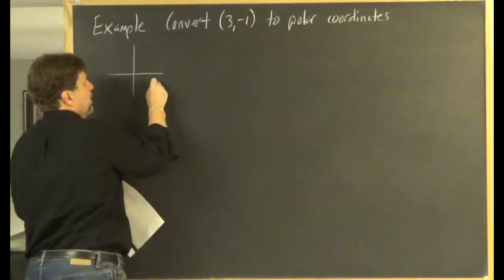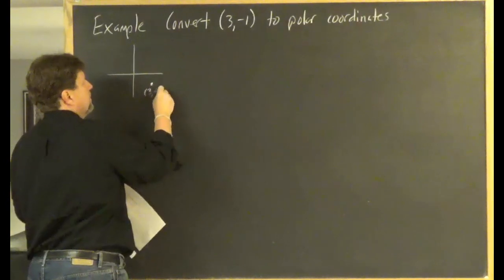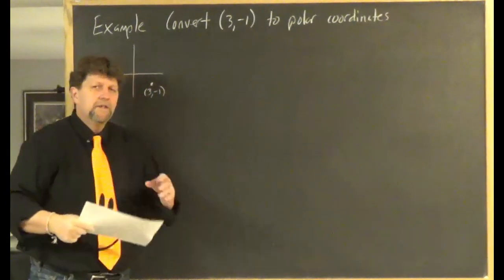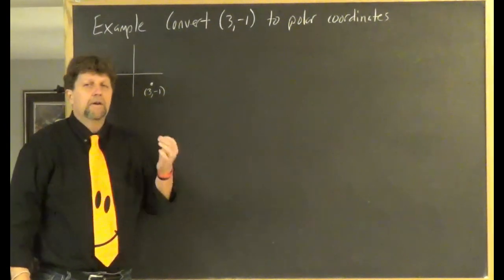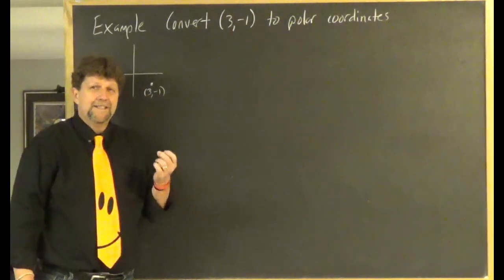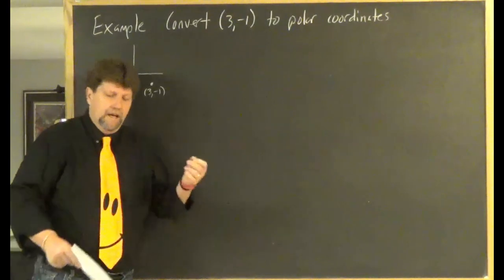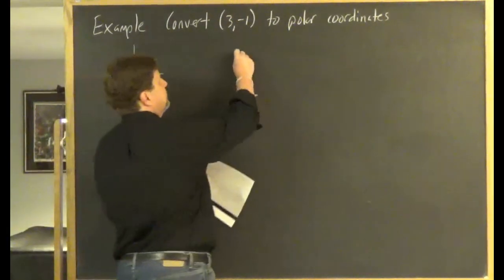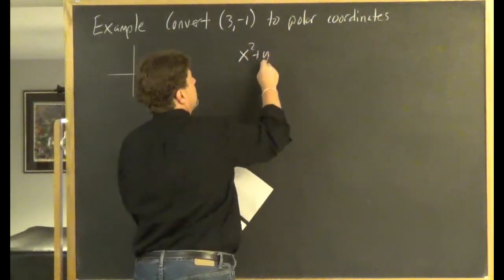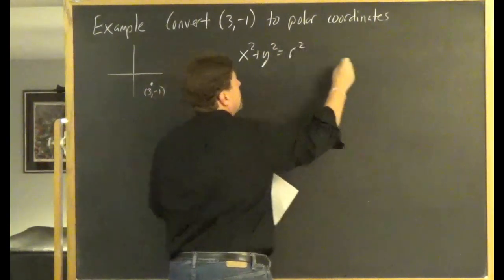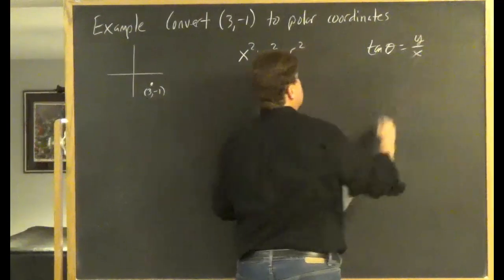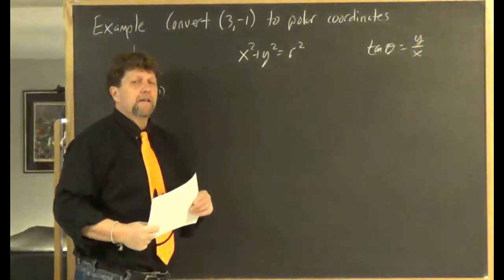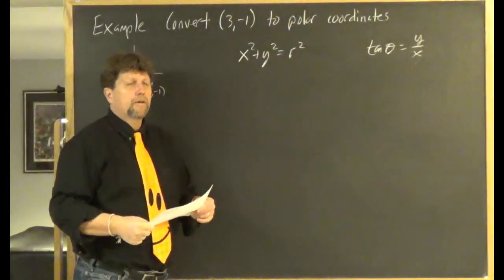So it's roughly right there. The reason is that I know theta is a directed angle, and r is a directed distance. With that said, this is what we use to convert from rectangular to polar.